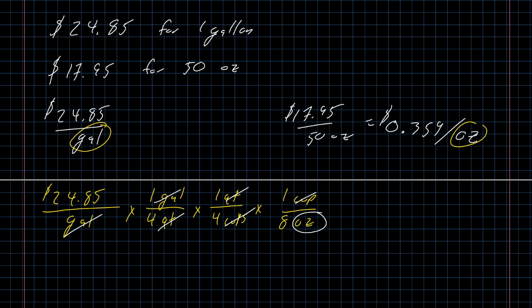So it looks like I'll take the 2485, I'll divide by 4, I'll divide by 4 again, then I'll divide by 8, and I will get 0.194 dollars per ounce.